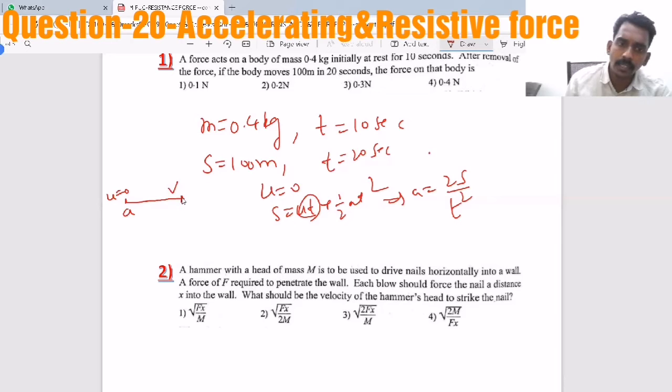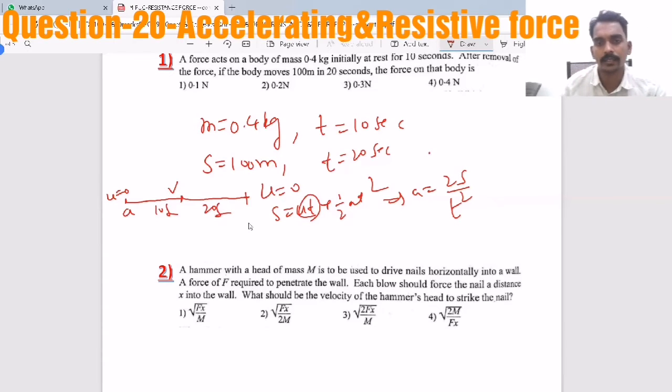Then it will continue with the same speed because we remove the force, for 20 more seconds. First 10 seconds, then 20 seconds. That is the thing. So up to 10 seconds it is uniformly accelerated motion, and the remaining 20 seconds it is uniform motion.